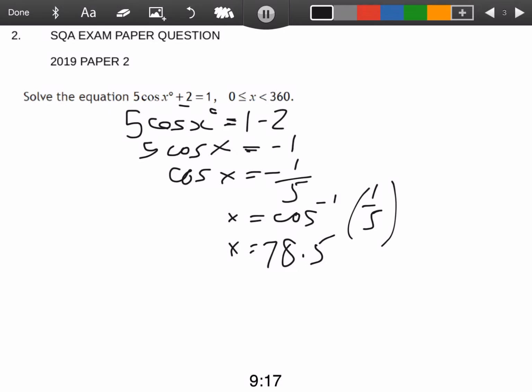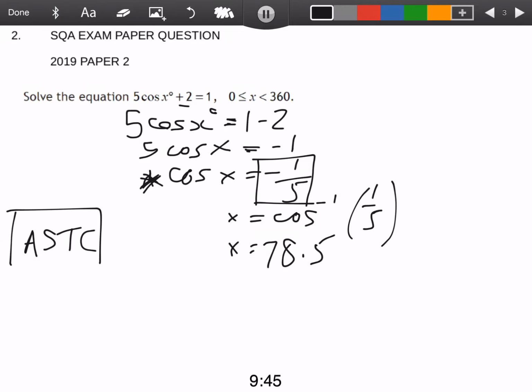Right, okay, let's just check. We're looking for 2 quadrant answers. Is this one that we're looking for? Well, remember that's a first quadrant answer we've got there. Calculator answers are straight out of the first quadrant. Where do we find the quadrants we're looking for? We're looking at this wee line here. Cos x equals, and that's a negative number. It's negative a fifth. Cos is negative. In which 2 quadrants is cos negative?